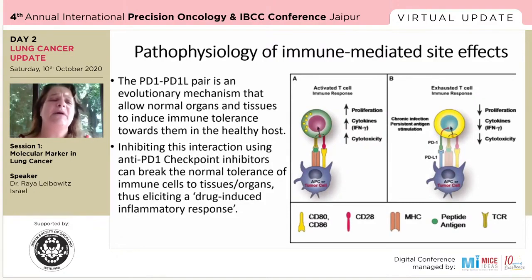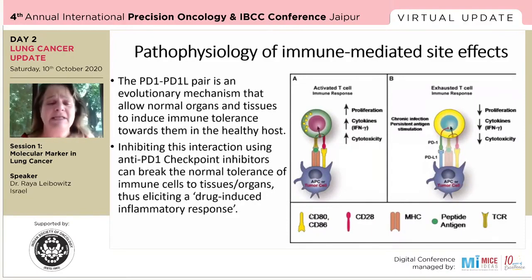So really talking about the pathophysiology of immune-mediated side effects, we know that the PD1 ligand pair was not per se evolutionized towards generating immune inhibition in cancer. Rather, it's an evolutionary mechanism that allows normal organs and tissues to induce immune tolerance towards them in the healthy host.